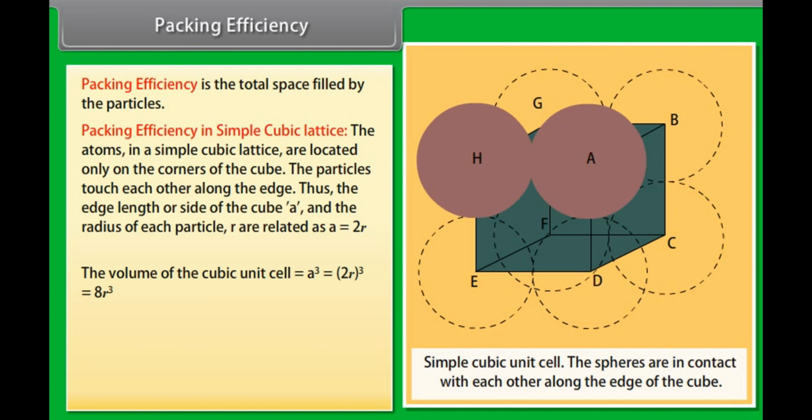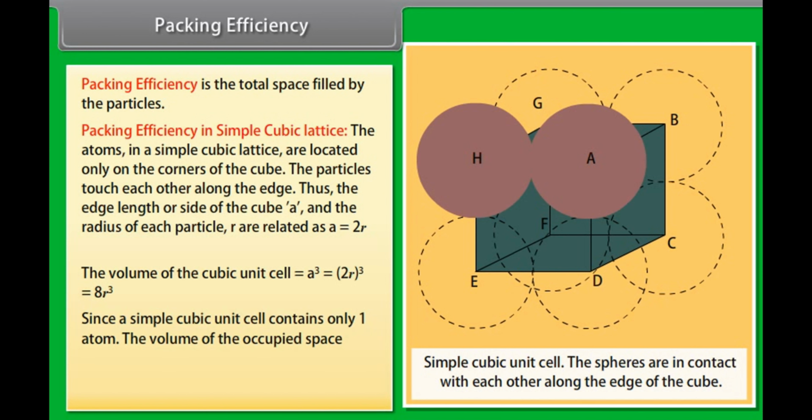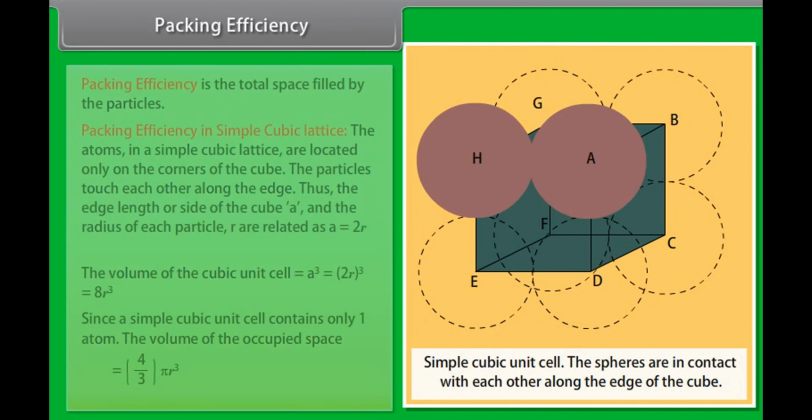8r³. Since a simple cubic unit cell contains only one atom, the volume of the occupied space is equal to 4/3 πr³.